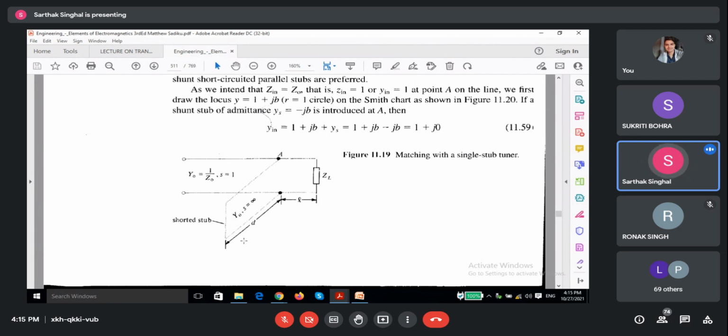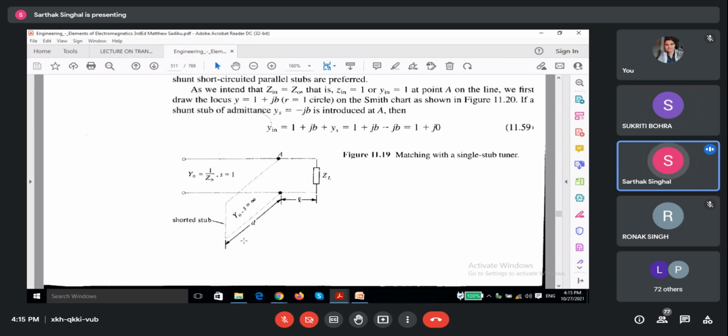There will also be some input impedance due to the parallel stub section, right? So it will be Zin2, right? Now, since we are adding them up, you have two methods.